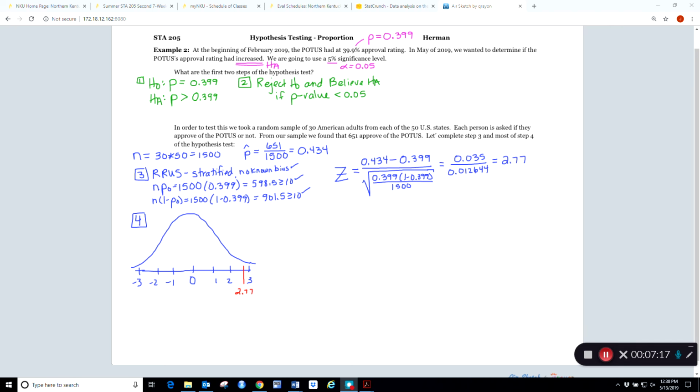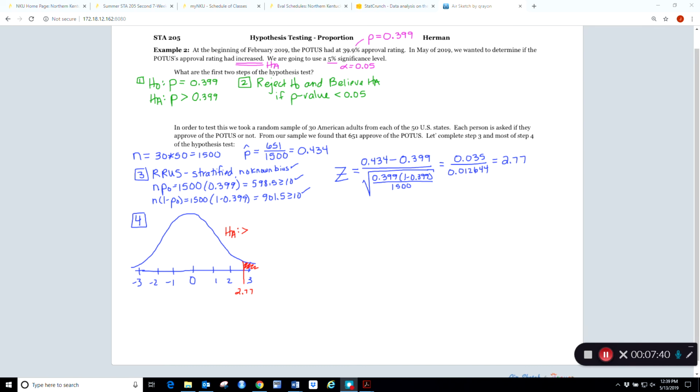Well, we're looking for greater than, so we're going to shade right. It's also a helpful tip that the sign will point the way that you're going to shade. Because my alternative has that greater than sign in it, I'm going to shade to the right of my value.